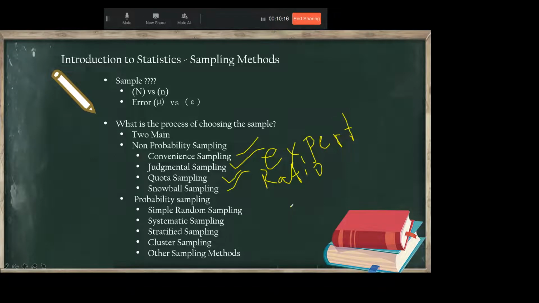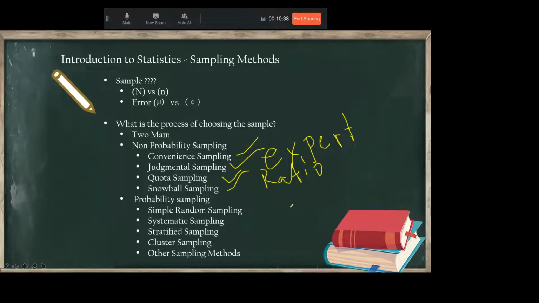And then we talked about probability sampling. Simple random sampling is where we assign numbers and every outcome has an equal probability of being selected. Then systematic sampling, where we define the order first and then choose the outcome based on random selection.